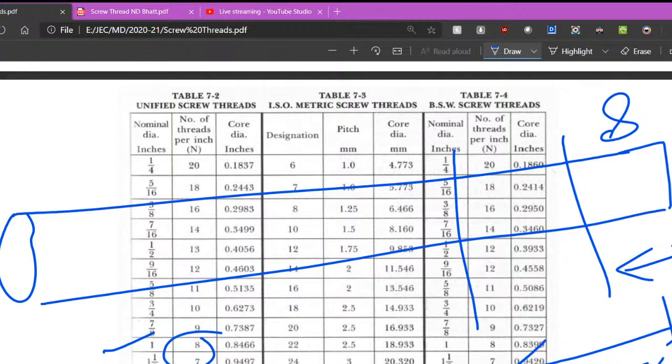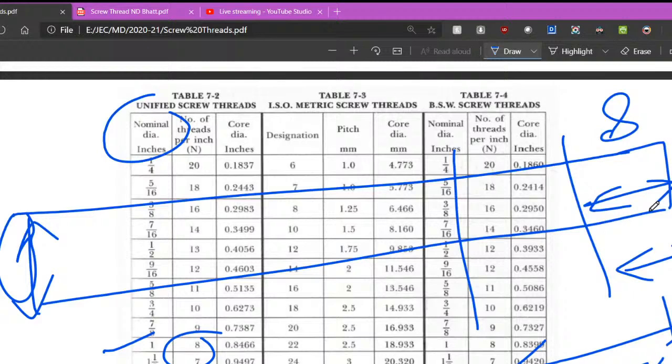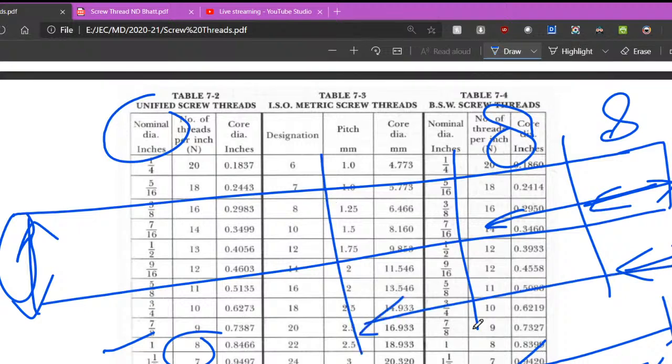Don't confuse it with the nominal diameter. This is your nominal diameter on the cylindrical bar where you are cutting thread, and this is the length of thread. In 1 inch, based on this standard form, there should be 8 threads. When the length is 2 inch, there would be 8 plus 8, 16 threads. When the length is 3 inch, you will get 24 threads.